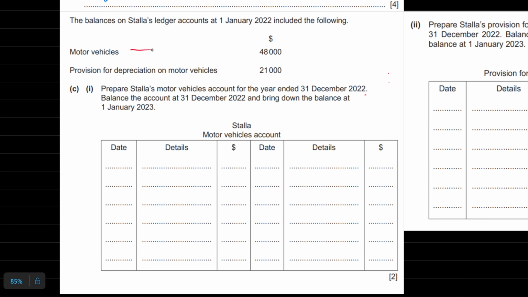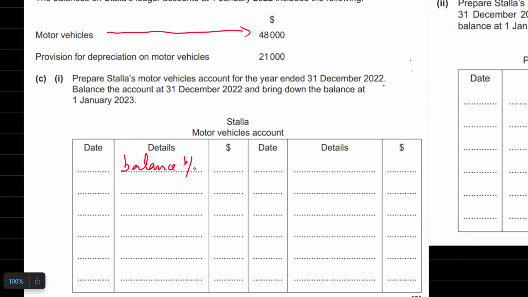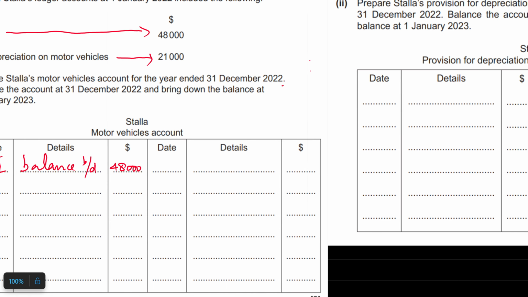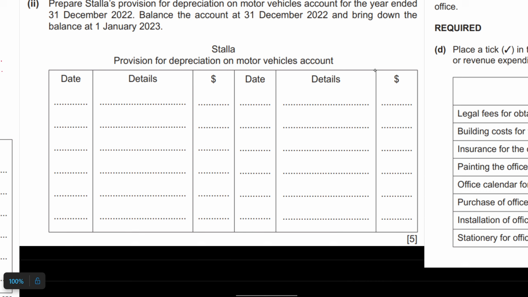First of all, we are given motor vehicles opening balance. Balance brought down of any asset is always recorded on the debit side and the date is 2022 January 1, and provisions are contra asset, that's why always have a credit balance.